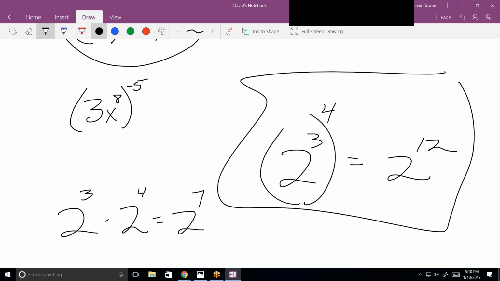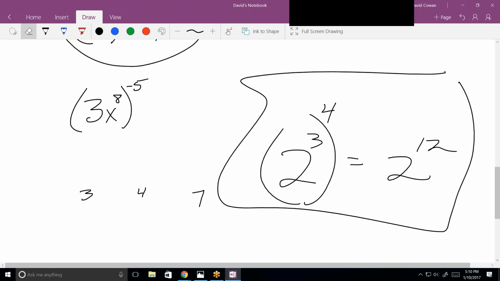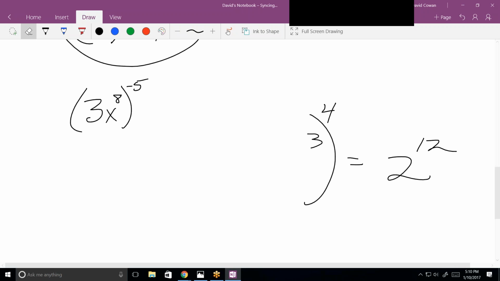There's multiplication, there's double exponentiation, and there's division. And when you're doing division, you subtract the exponents. But you can only do those things if your base is the same. Okay?